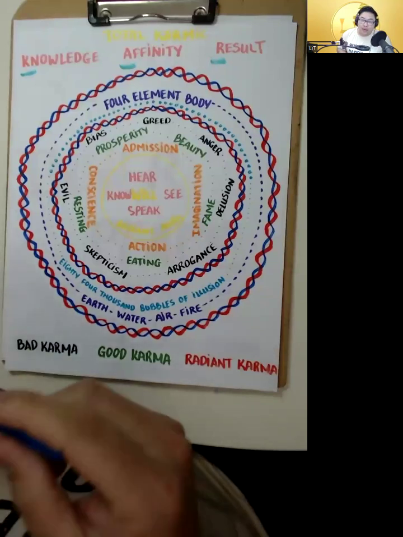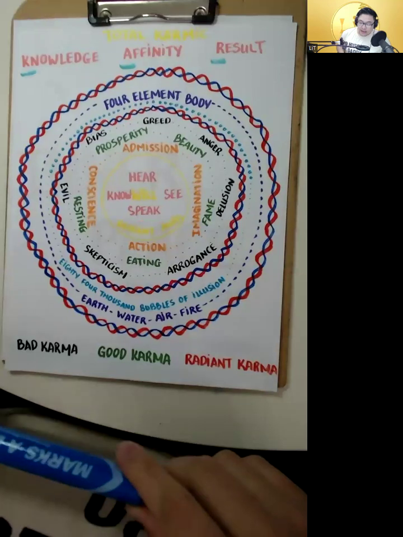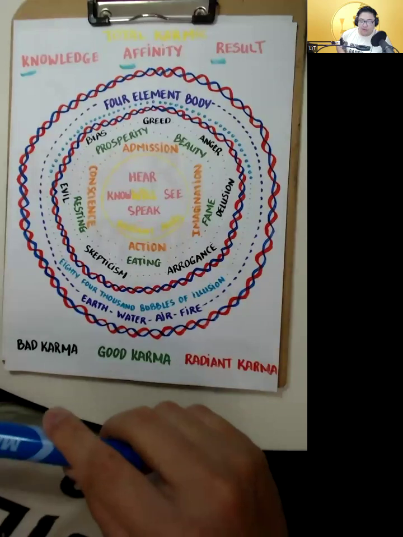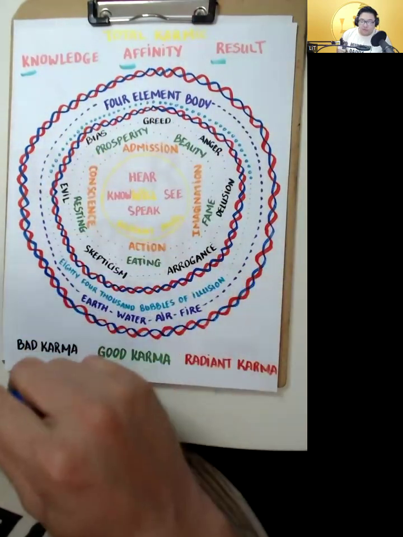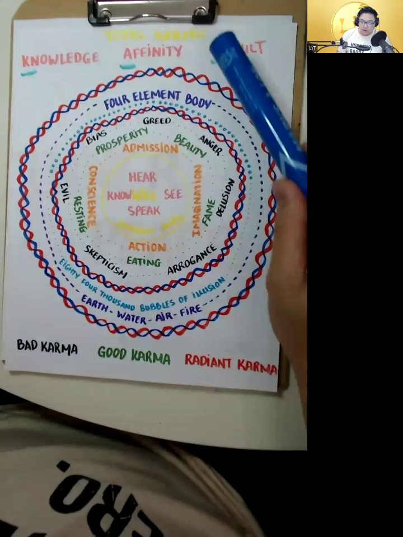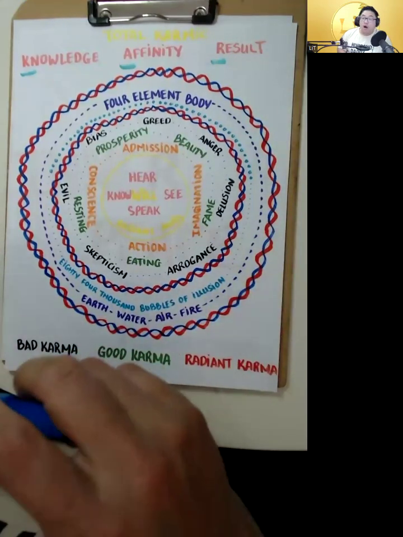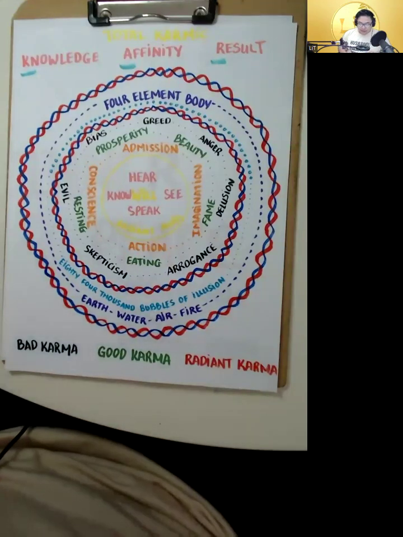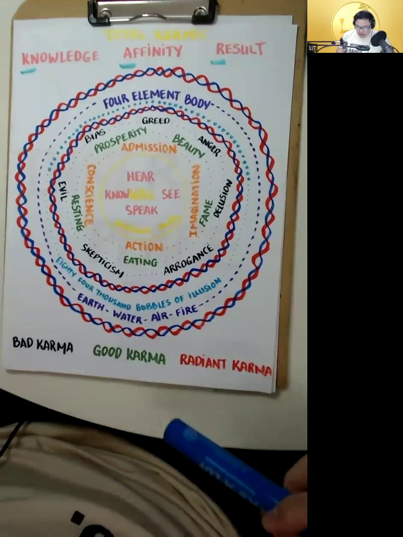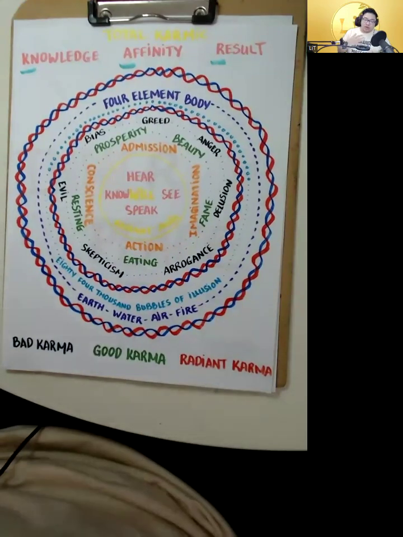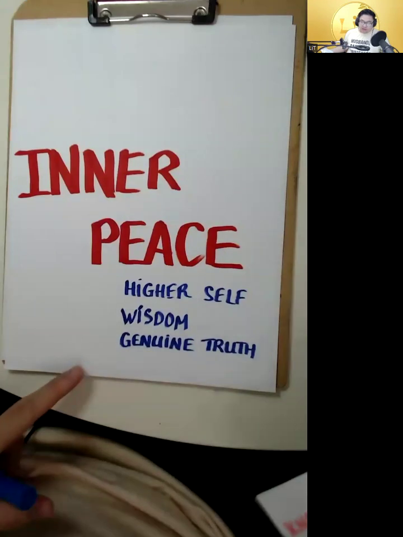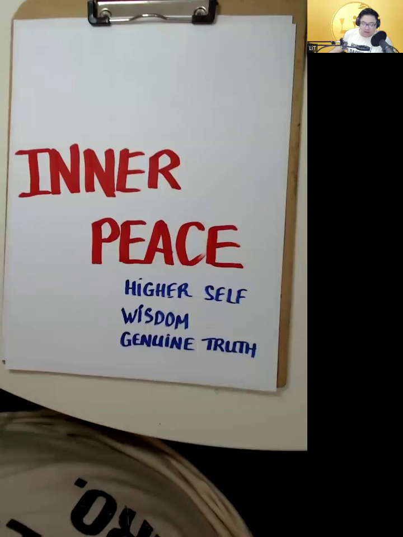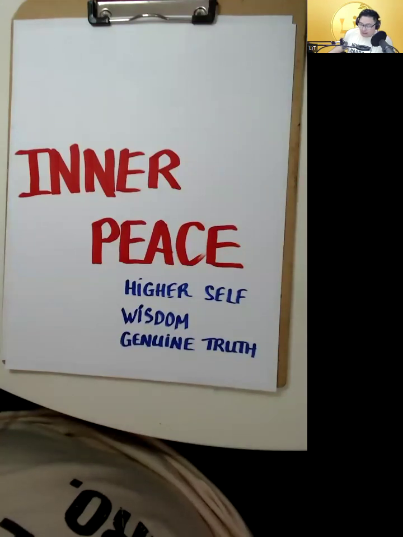So there's a concept that we have been living through many lives, and we are accumulating a total karma, what we call the total karma of knowledge, the total karma of affinity, the total karma of result. And through all of that, we are cultivating a mass of that karma, the mass of good karma and the mass of radiant karma. So the genuine truth within ourselves is the absolute truth, the absolute knowledge of the world itself through the many lives that we live.